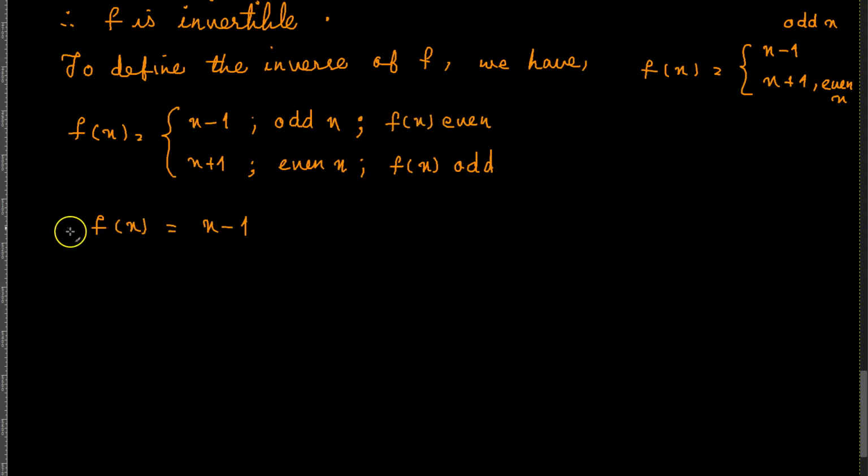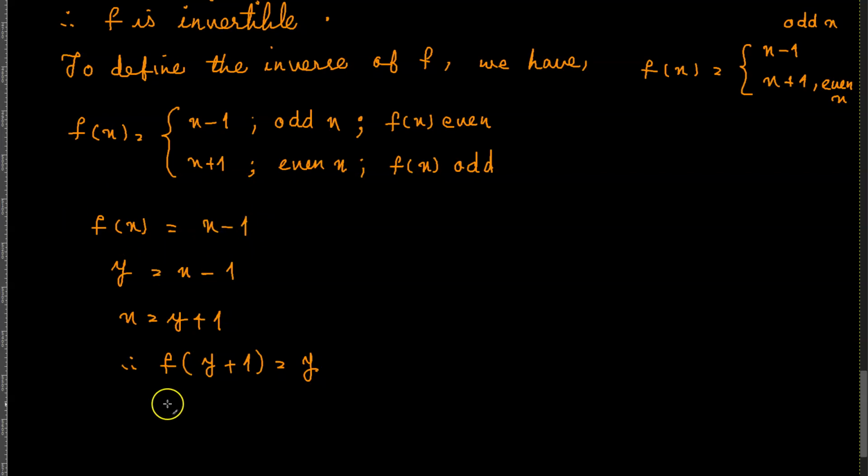Now these f of x's, if I denote them as y, that gives me y is equal to x minus 1, and x is equal to y plus 1, which ultimately means that f of y plus 1 is equal to y. Or you can define the inverse of this function as f of y is equal to y plus 1.